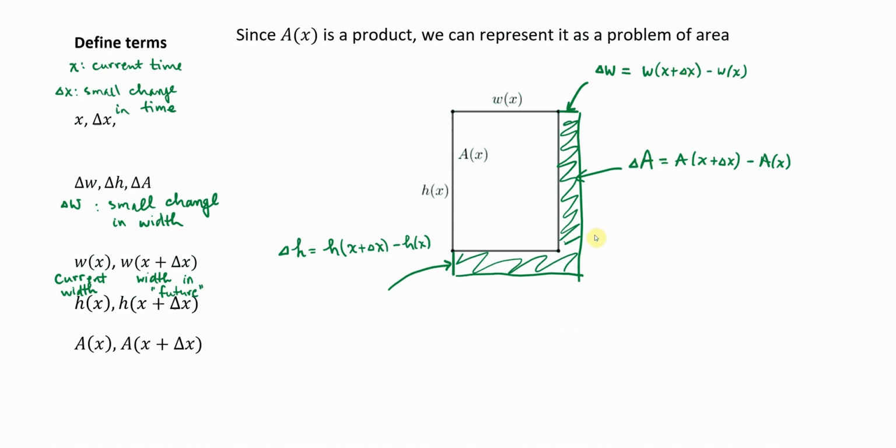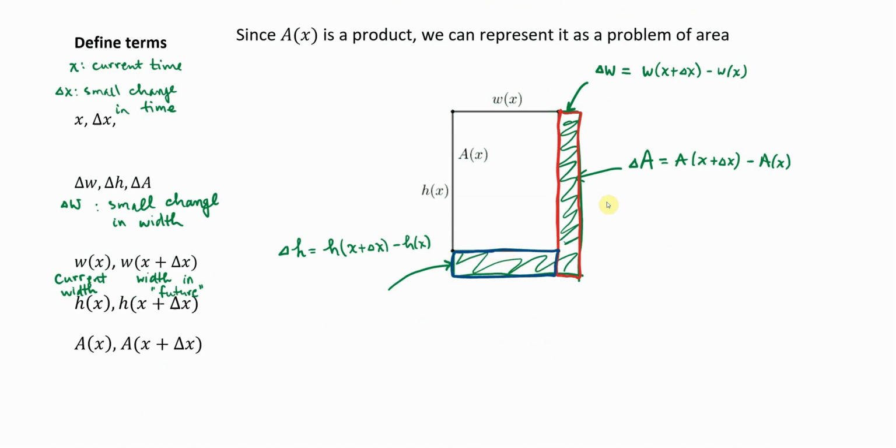Okay, so the key connection here, what Newton saw when he worked through this geometrically, is a way to reimagine the picture. This kind of backwards L-shaped region is really a combination of this rectangle that I'm drawing here in red, plus this rectangle that I'm drawing here in blue.